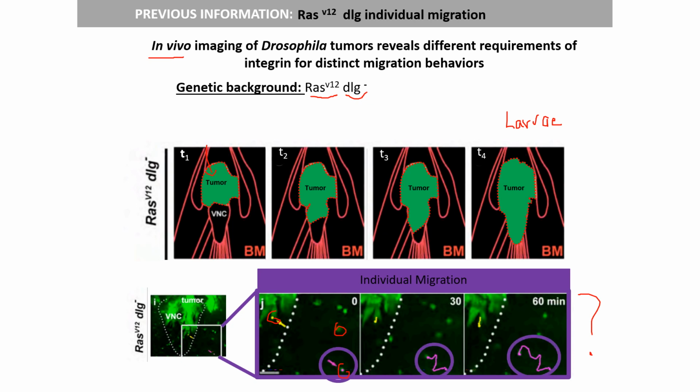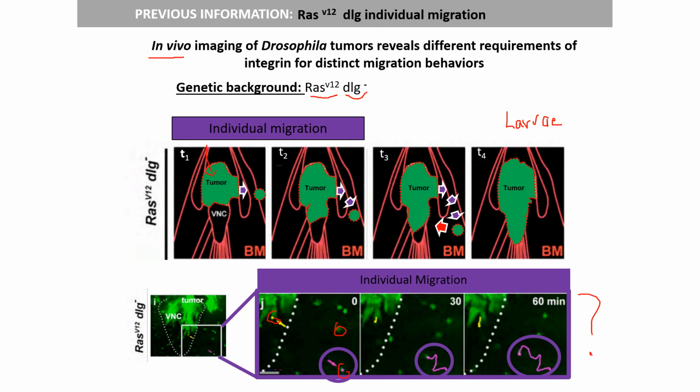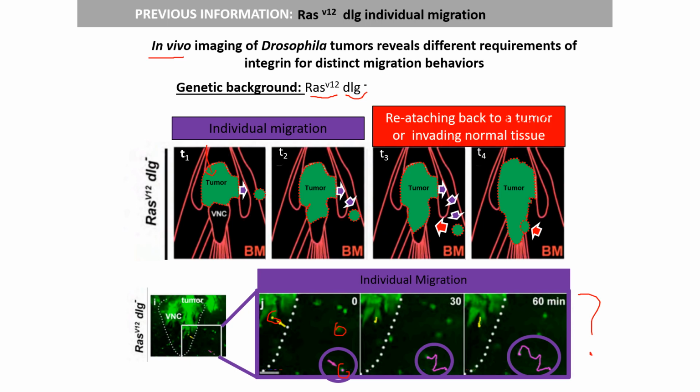Here you can see all those things that they thought maybe could be CTCs, pieces of tumor that go to another place. They were trying to think whether there could be individual migration that goes and attaches in another part, and this could be a good way to study that. What they were not able to see was whether the cells could reattach and contribute to the invasion process.